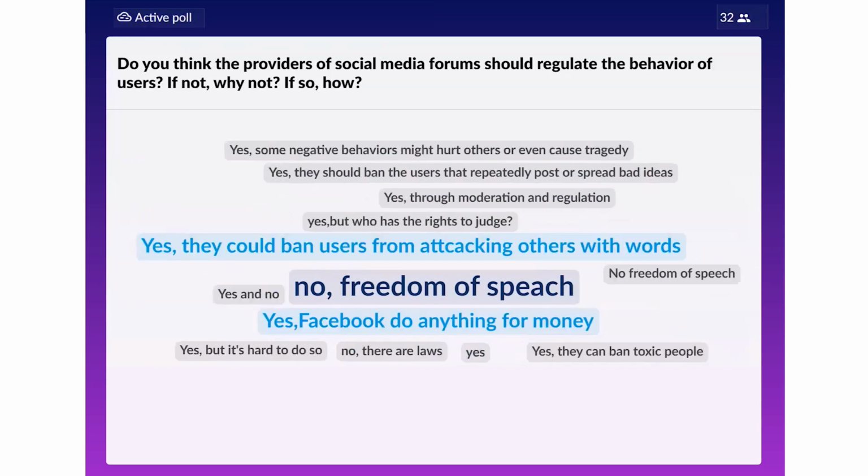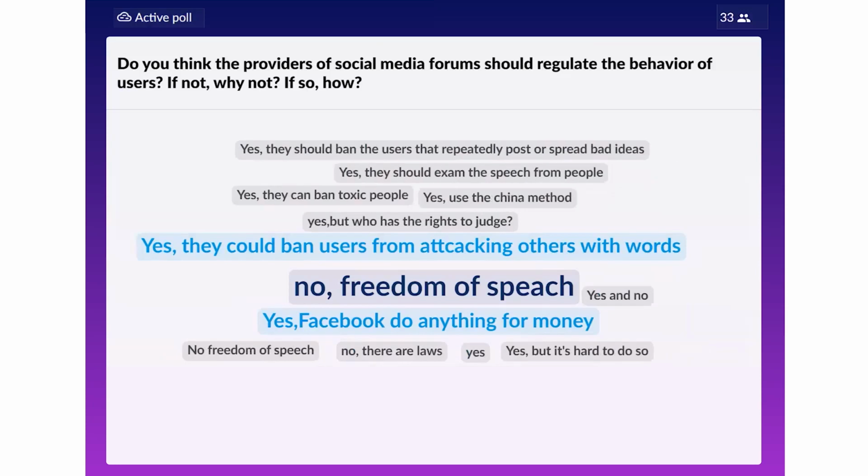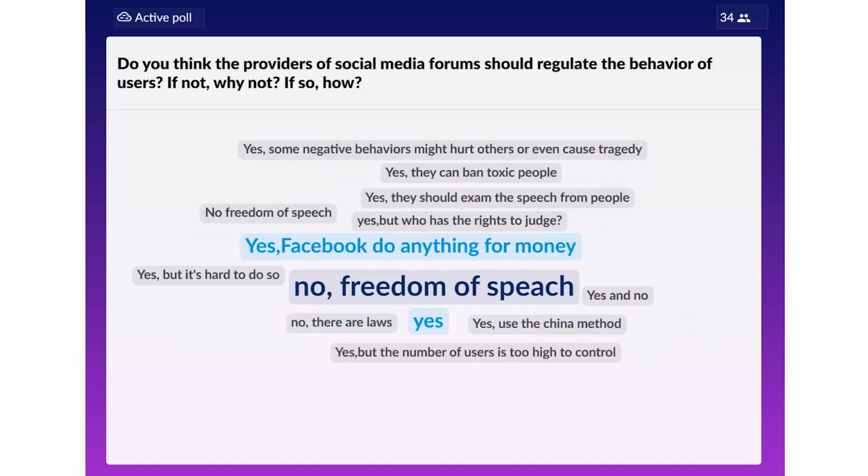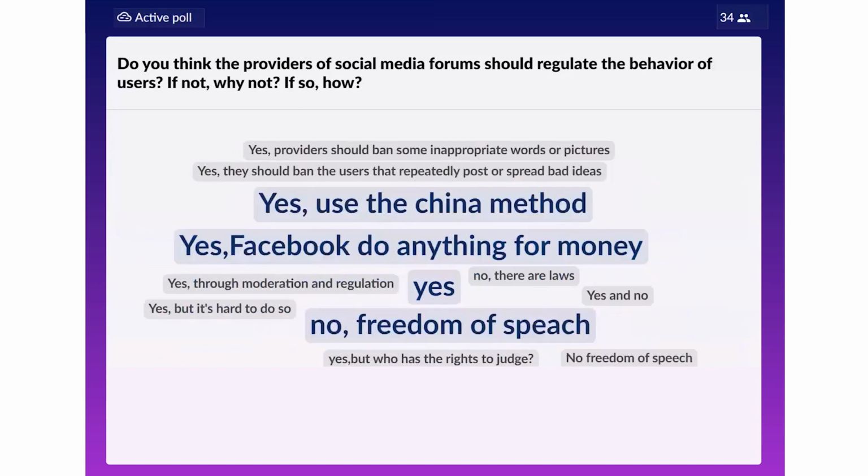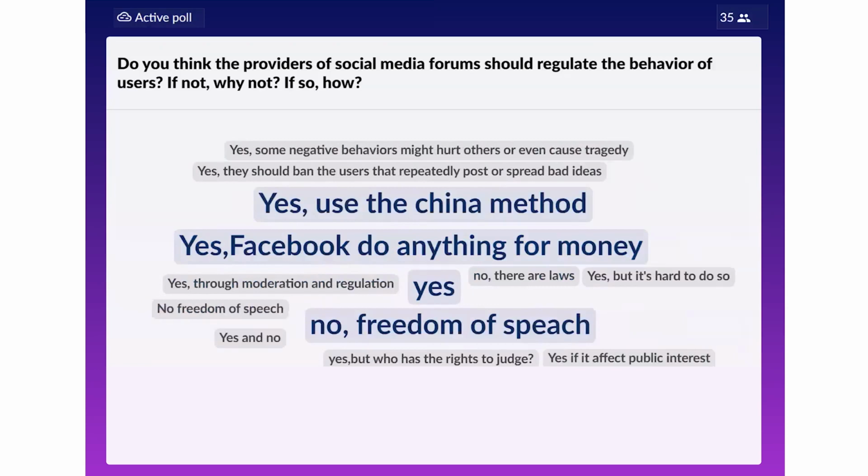I think the key thing here is that usually some forums have what we call a moderator. Any post or comment has to be approved by a moderator before it appears. Of course, the moderator would be the gatekeeper. Although then you ask the question, who should guard the gardeners? If you have a gatekeeper, is he or she doing the right job? Or is he or she trying to censor opinions that go against his or her own ideas? That could be a problem. And then, I love this, use the China method.